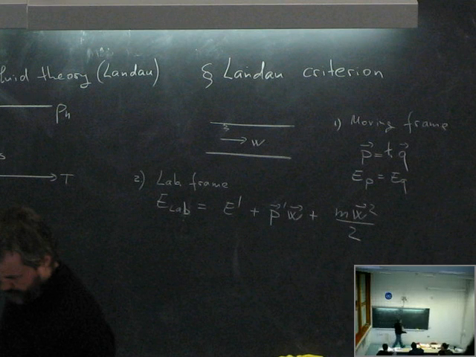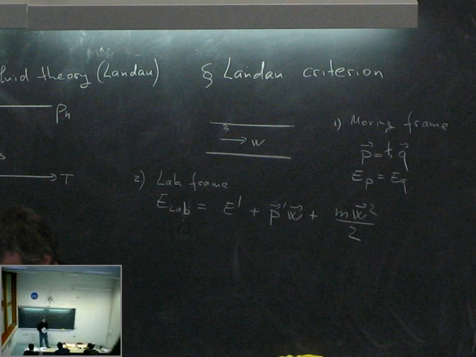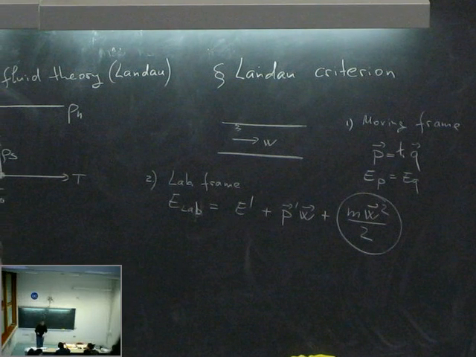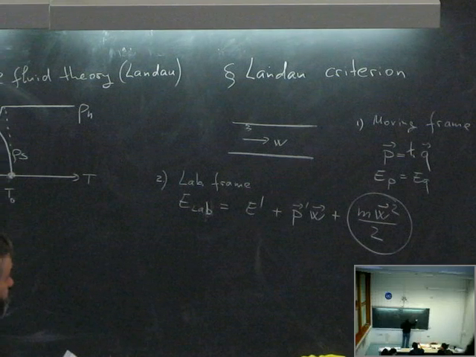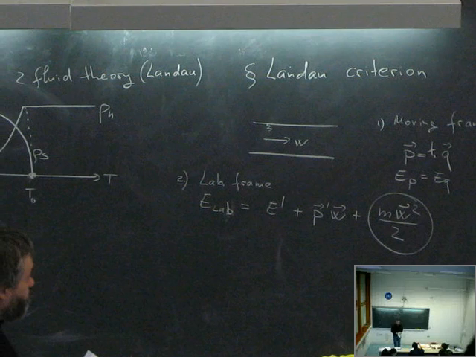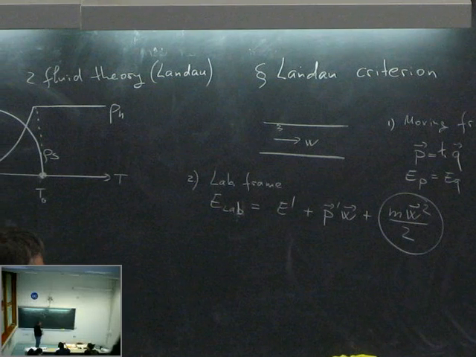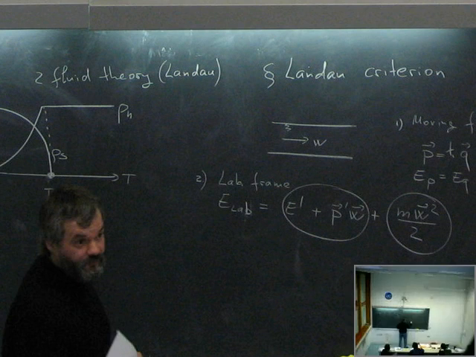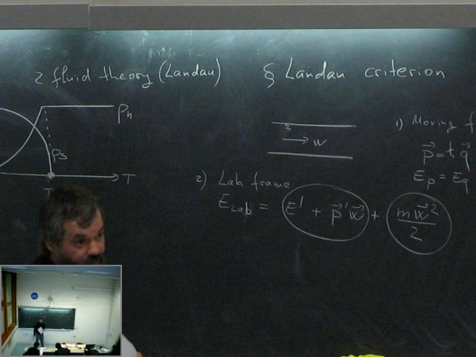So you see, there is a kinetic energy of the liquid which is anyway positive. In order to have the system be superfluid, at least this part should be negative in order to compensate the positive kinetic energy of the liquid. So in order to have superfluidity, one needs to have E prime plus P prime V to be smaller than 0.